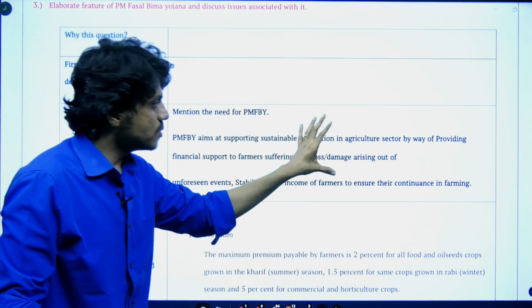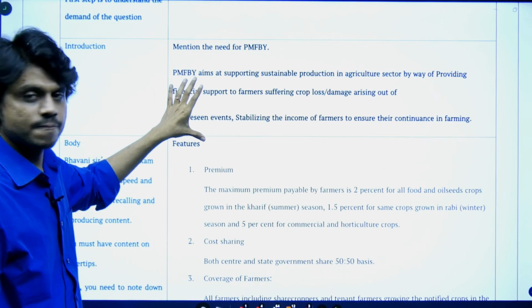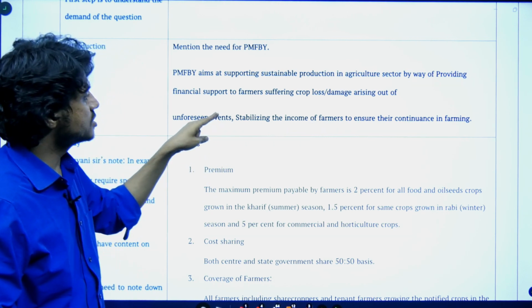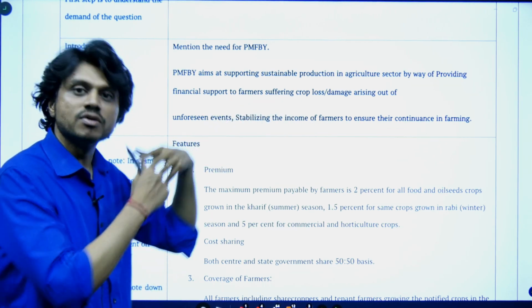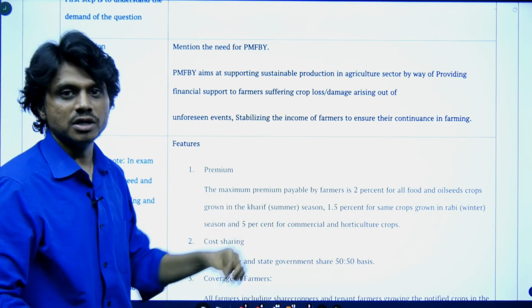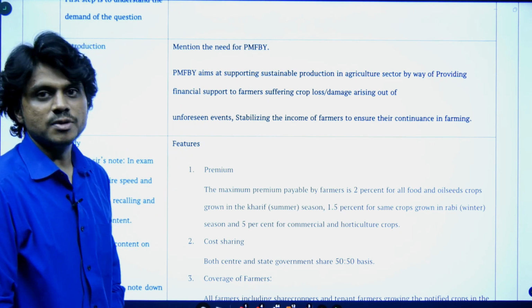This is the purpose of the scheme and it adds context, because farmers will see unforeseen expenditure or loss of income because of environmental or other factors, and it is the need of the government to protect the farmers.